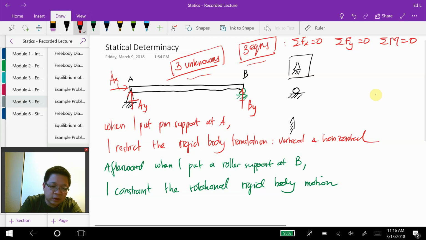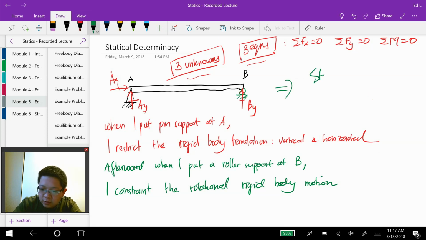This system is what we call a stable system, because we have constrained all of the rigid body motions, and it is also determinate.